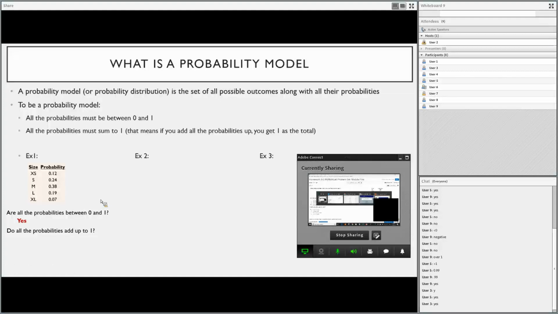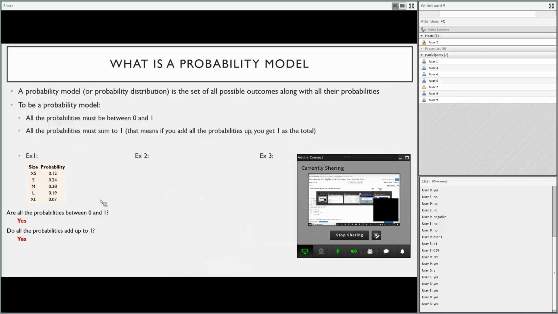Do all the probabilities together add up to 1? This is where you're going to need your calculator. Yes, I'm getting yeses.